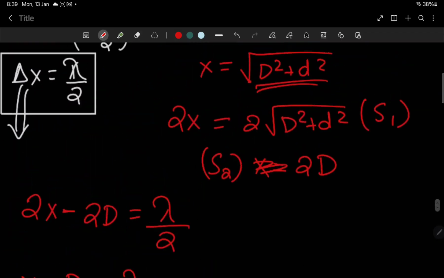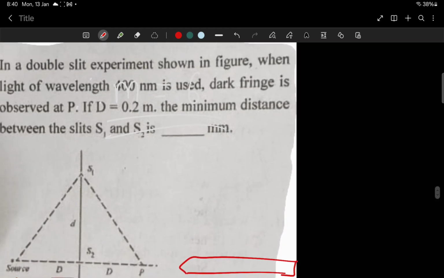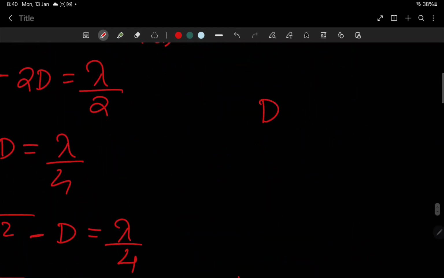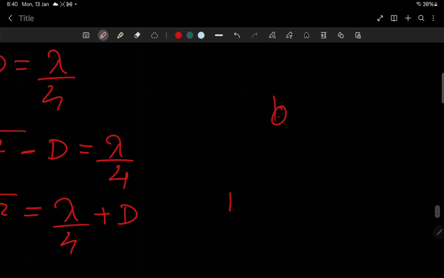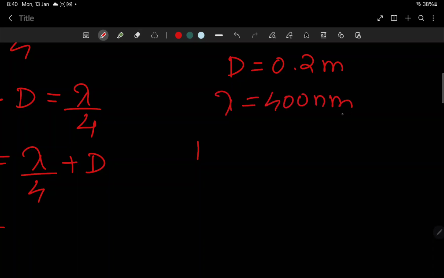Capital D's value is given in the question to be how much? 0.2 meter, and the wavelength is given to be 400 nanometer. Capital D equal to 0.2 meter, and lambda is 400 nanometer.